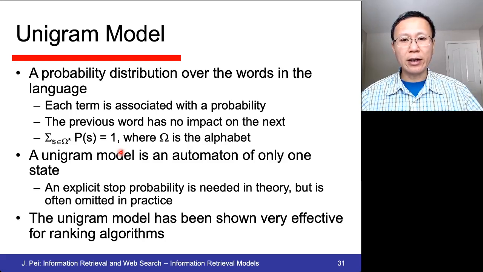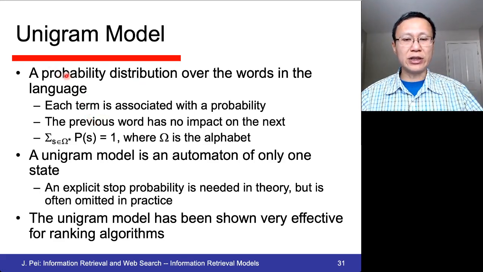In this way, we can draw a sample over the vocabulary, and if the sample happens to be the same as the words in a document, then we say the model generates the document.